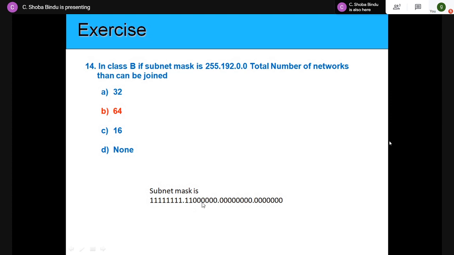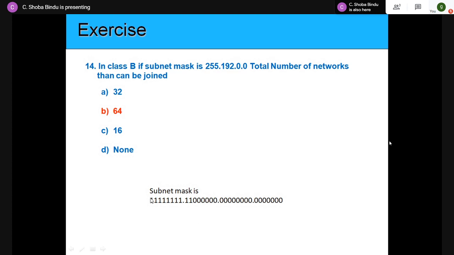But how many ones are being replaced with zeros? 1, 2, 3, 4, 5, 6. So 6 ones are being replaced with zeros in this second byte, which should always be all ones in a class B subnet mask. That means 2 to the power of 6 networks are being combined to form a big network here.